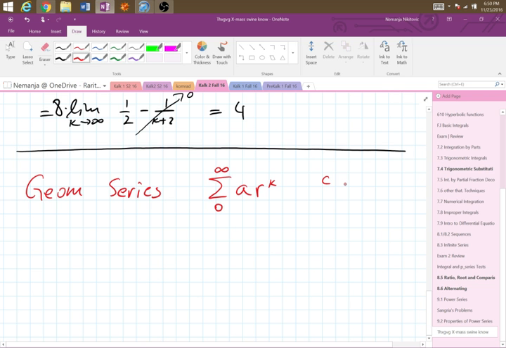It's convergent for R's that are in between -1 and 1, so -1 less than R less than 1, and divergent otherwise, which means that if you have 1 or -1 or 7, so it's outside of that region. And if it's convergent, then the sum is equal to A over 1 minus R. So this is the definition for geometric series. And now we can do the problem.